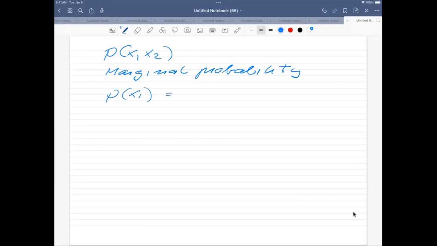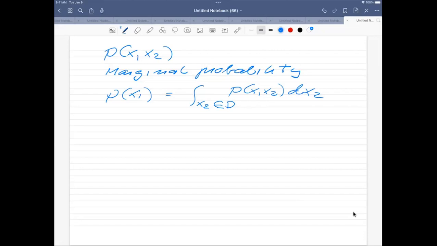And if this is a continuous probability with continuous variables, we would have an integral over x2 here, defined over the domain of events for the stochastic variable x2, where we now integrate out x2. So that means that we get just a probability of being in x1.